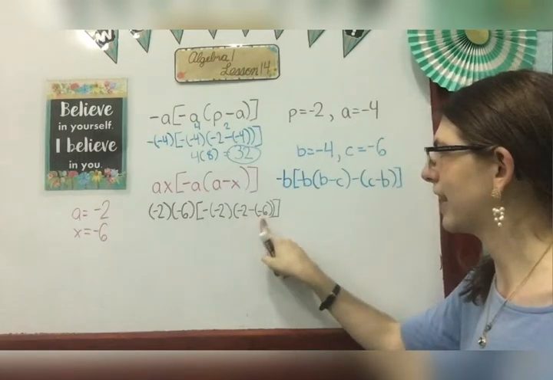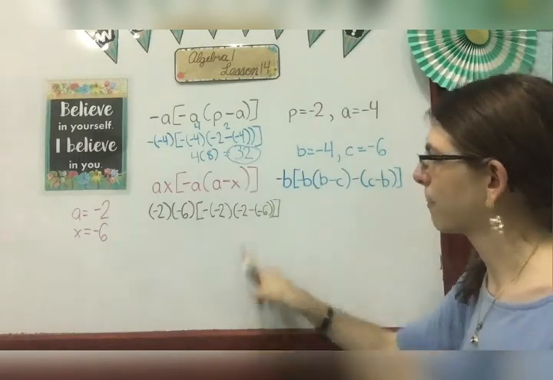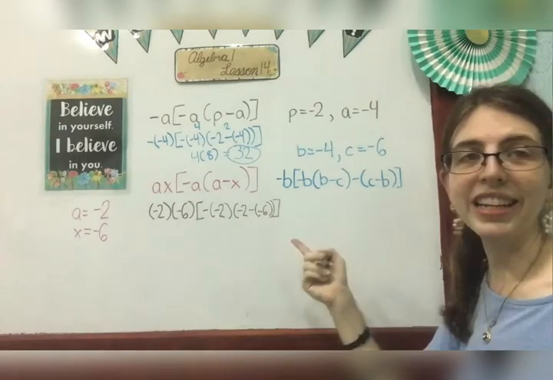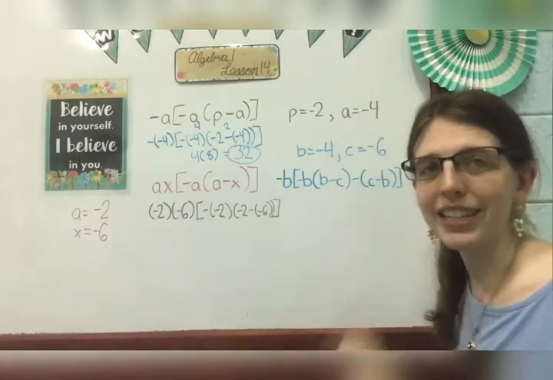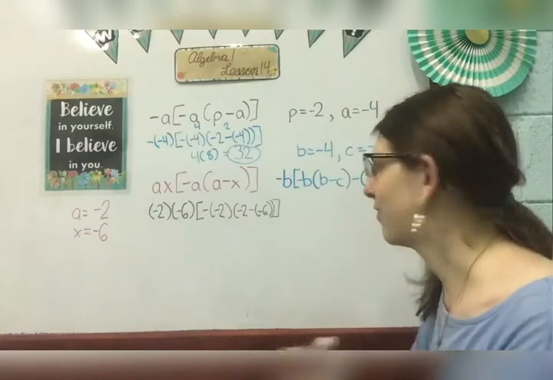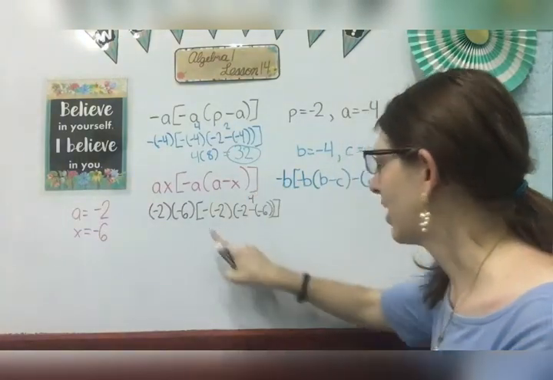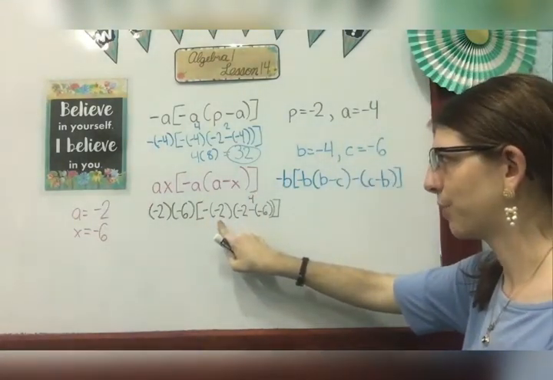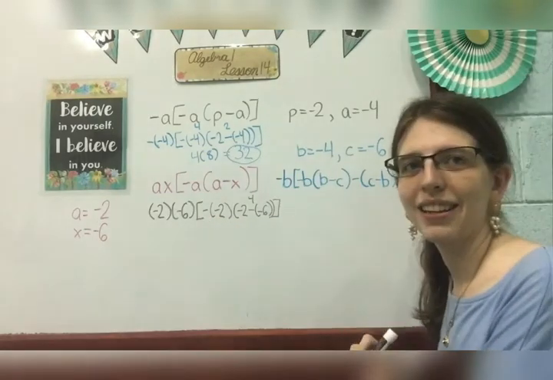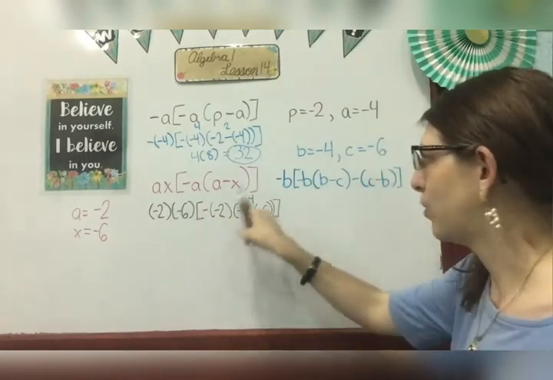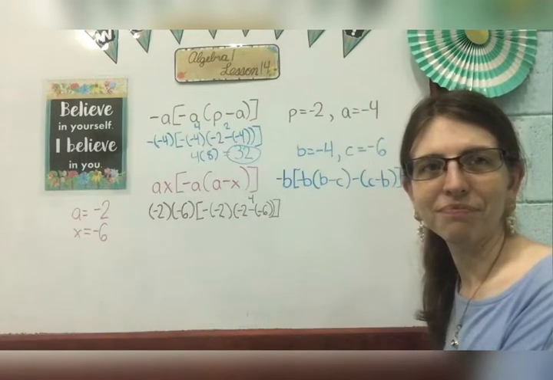Negative 2 minus a negative 6. This is just like up here. So this is negative 2, really it's plus 6. So negative 2 plus 6 is positive 4, good, times the opposite of negative 2. The opposite of negative 2 is positive 2. So 2 times 4 is 8.